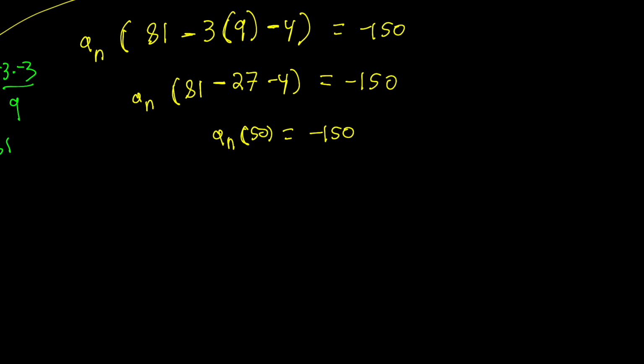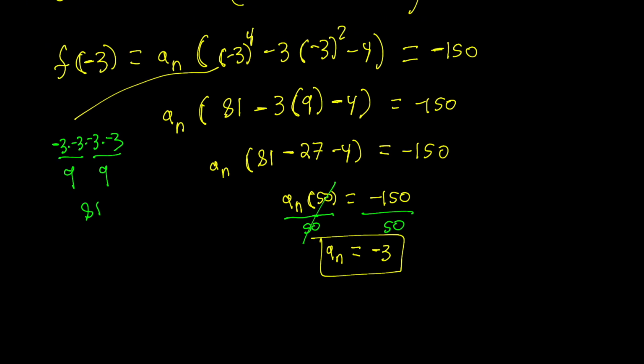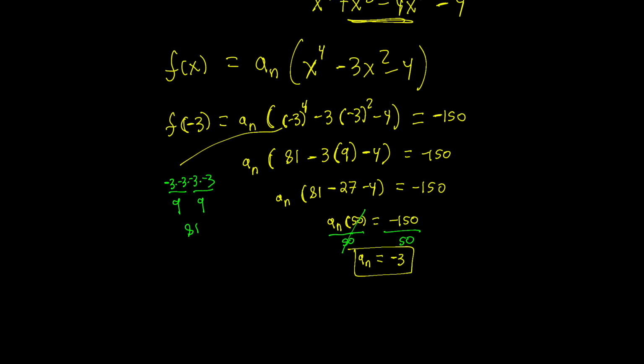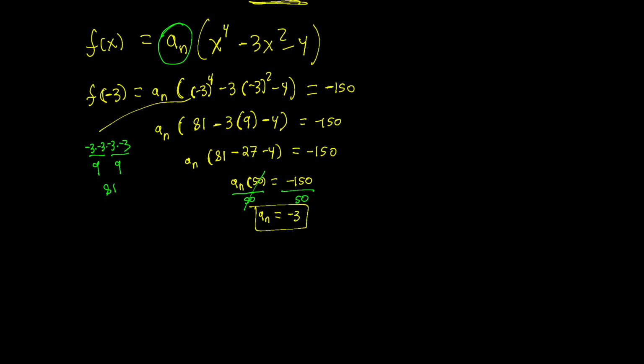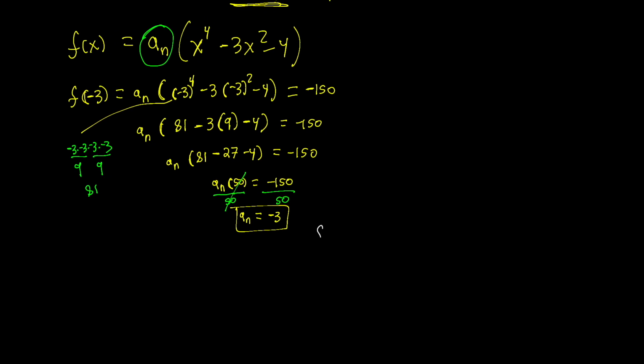And if I want to isolate a sub n, I'm going to divide both sides by 50 now. So on the left, the 50s are going to cancel out, leaving me with a sub n equal to negative 3. So I'm going to go back to my function here, and I am going to replace a sub n with negative 3. So now I get that f of x is equal to negative 3, quantity x to the 4th minus 3x squared minus 4.